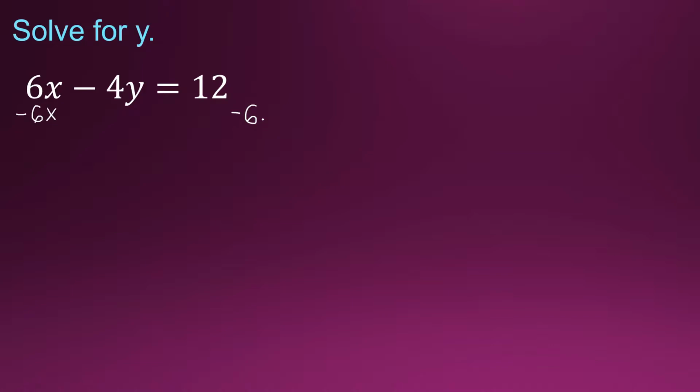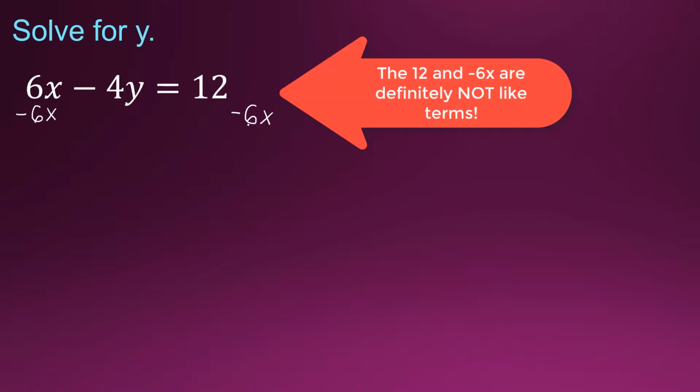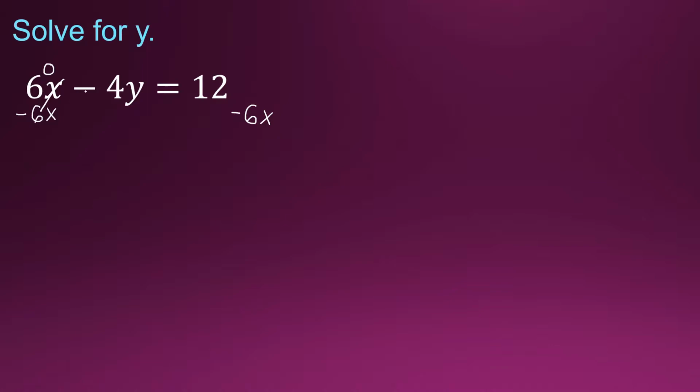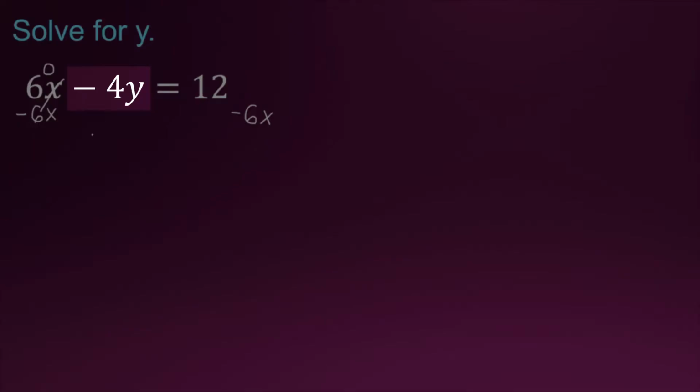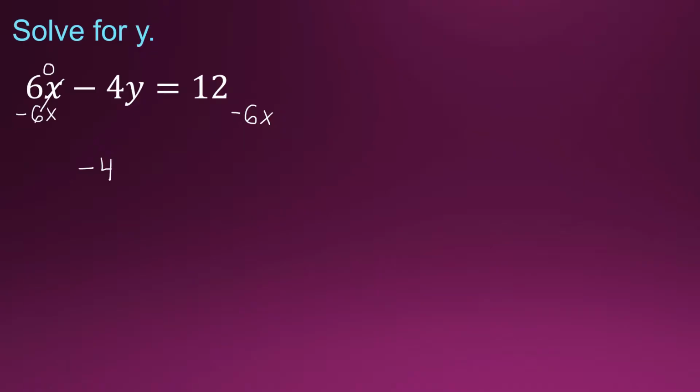I like writing my minus 6x off to the side of the 12, so I'm not tempted to combine like terms. All right, so 6x and 6x cancel and become 0. From here, I'm left with a minus 4y, so I'll bring that down. Negative 4y is equal to, and I have 12 minus 6x.